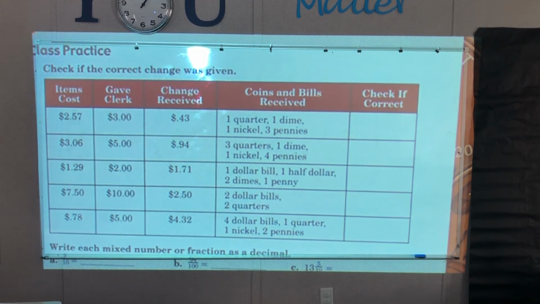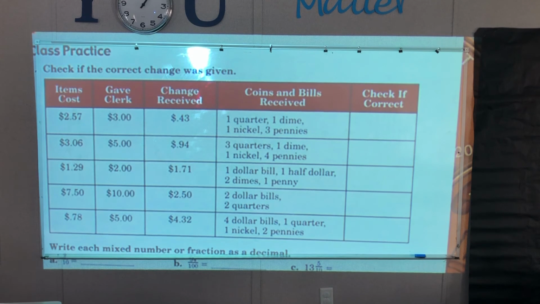The second one, $3.06 is your cost for that item you want to buy. You give the clerk $5, and again, $5 is greater than $3.06. So we need to check if 94 cents is correct. We'll start with the pennies because they are the smallest denomination. 4 pennies will make it $3.10. 1 more nickel would make it $3.15.